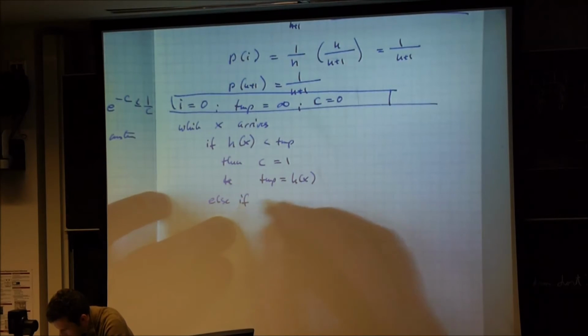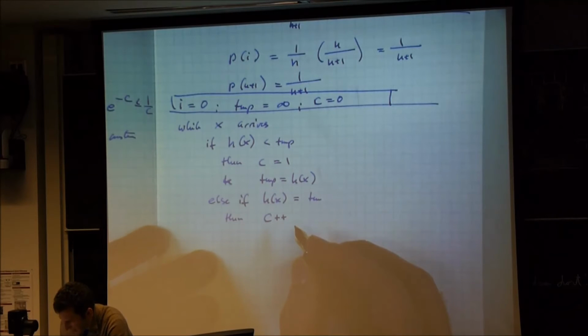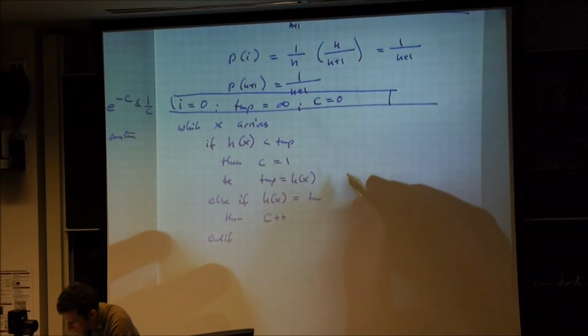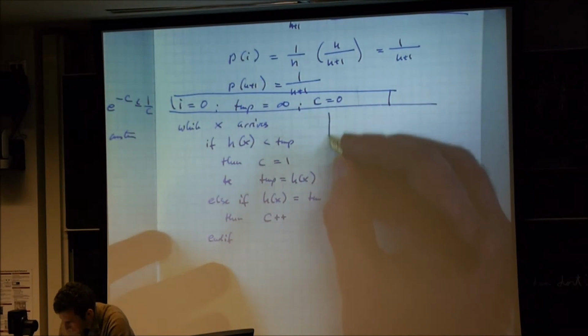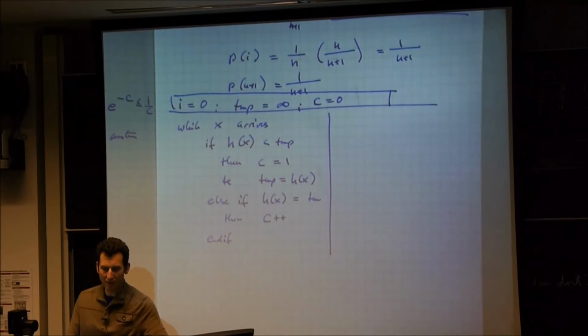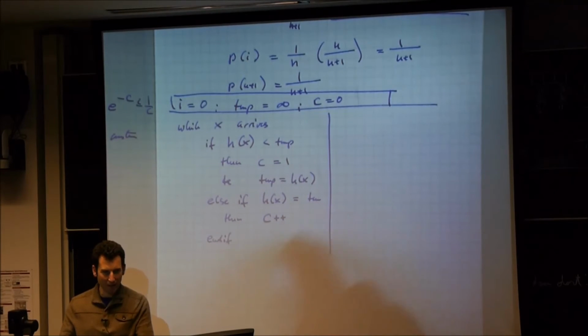Else, if hash of x equals temp, then increment the counter. And that's it. So that's one algorithm. This algorithm will give you, for a random key, namely the key with the value hash of x equals temp, the count.